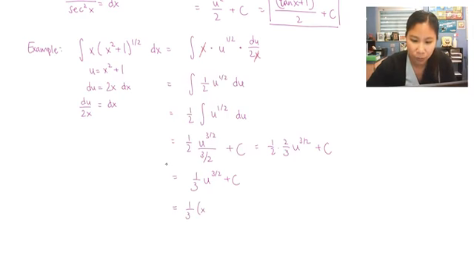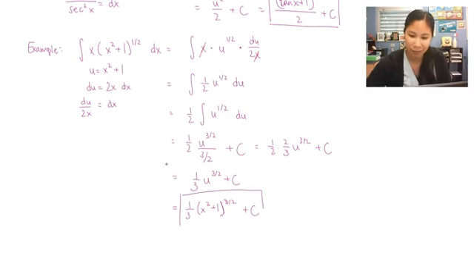So this would be 1/3 times x squared plus 1 to the 3/2 power plus c, and then that's it.